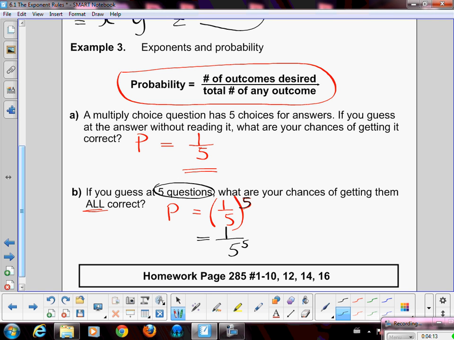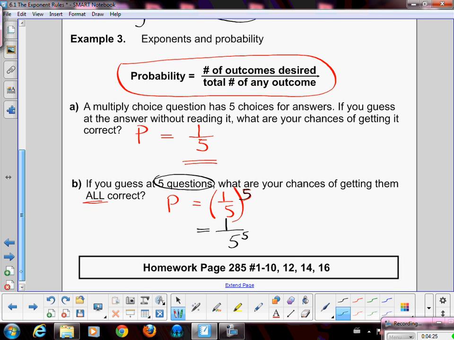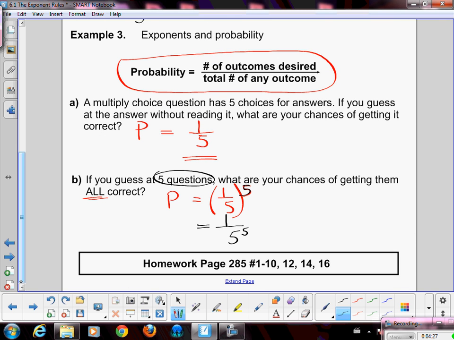So you really are setting yourself back at getting the correct answer, because 5 to the power of 4 is 625, and then times another 5. So you really wouldn't have a very good mark if you guessed everything.